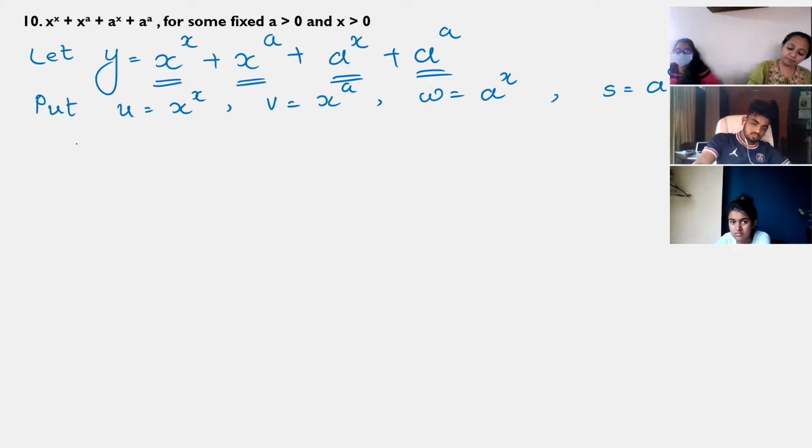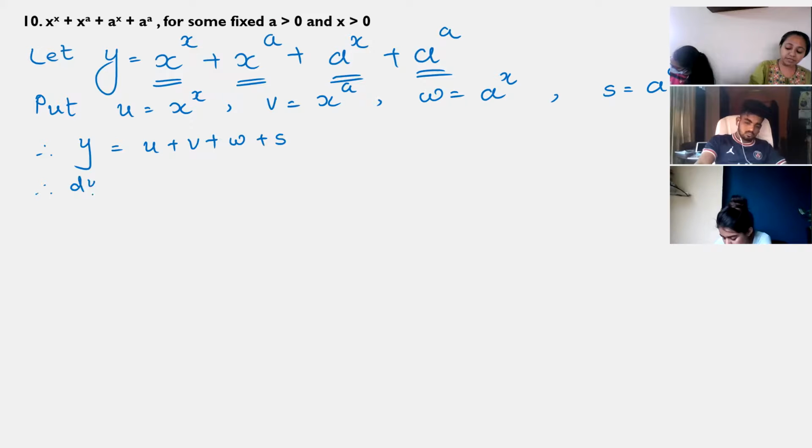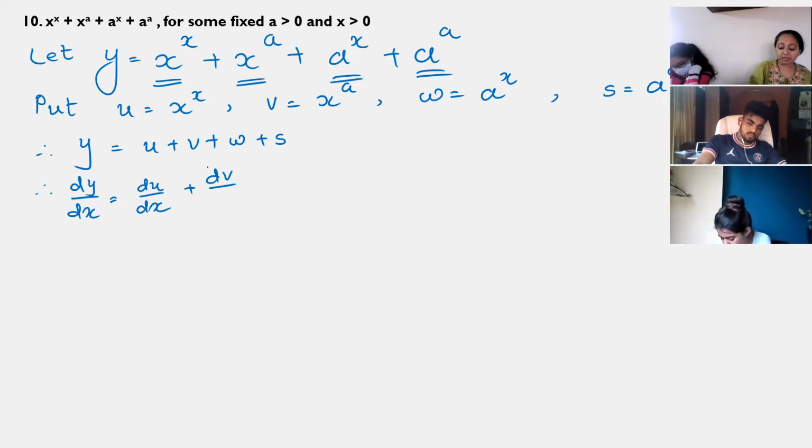If we put here, my y will turn into u plus v plus w plus s. If I differentiate y with respect to x, dy by dx, the right hand side also gets differentiated, obviously. We know that du by dx, dv by dx, dw by dx, and ds by dx would be there.